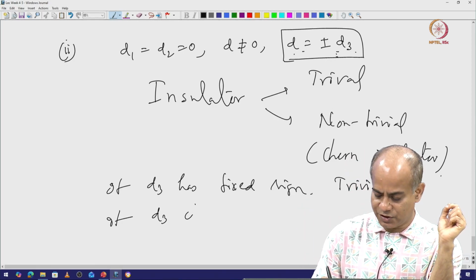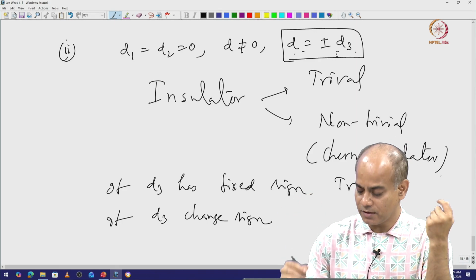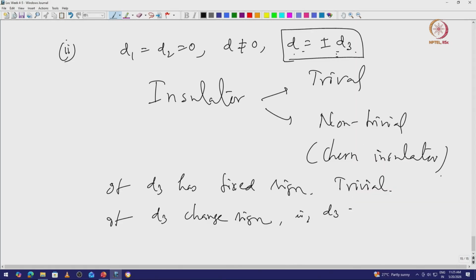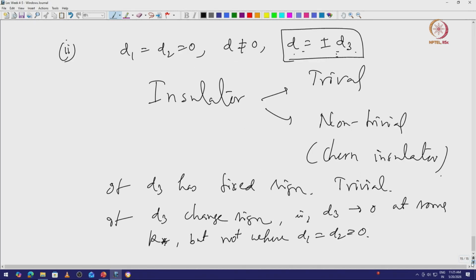If D3 changes sign, it must go to 0 at some point, that means D3 also goes to 0 at some k star, but not where D1 and D2 also go to 0. So, all three have to go to 0, but if they all go to 0 at the same point, you have a degeneracy, but if they go to 0 at different points, then we have a non-trivial case, or we have a Chern insulator.